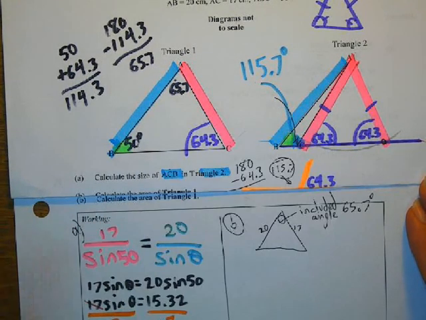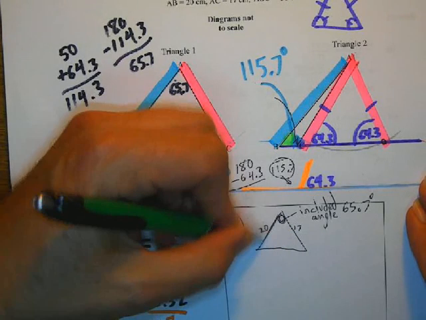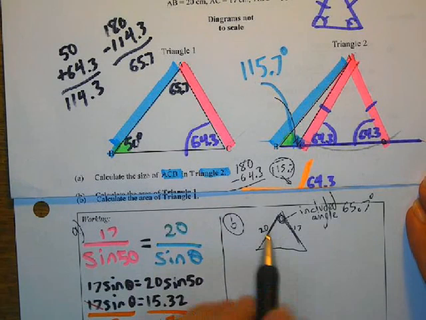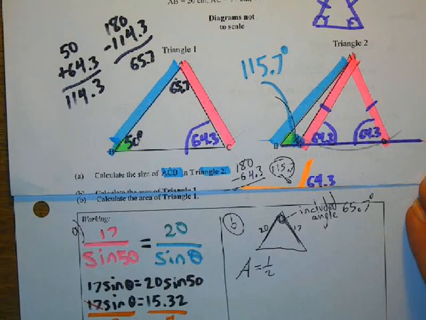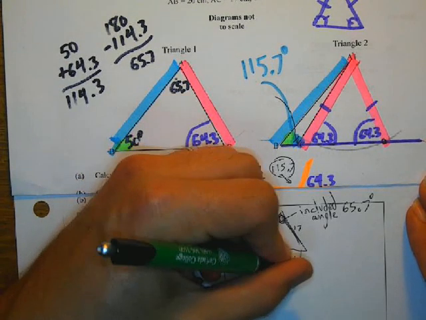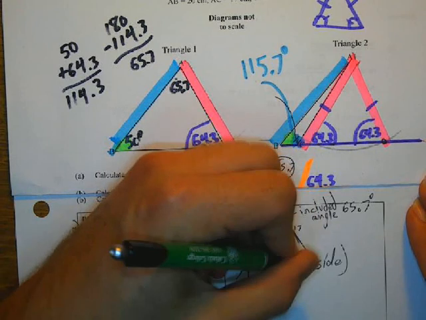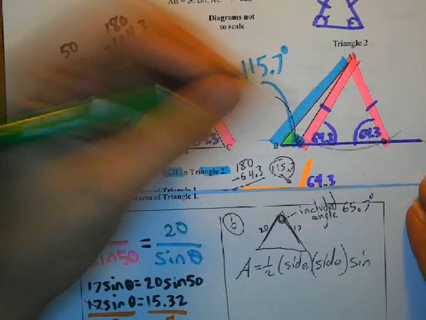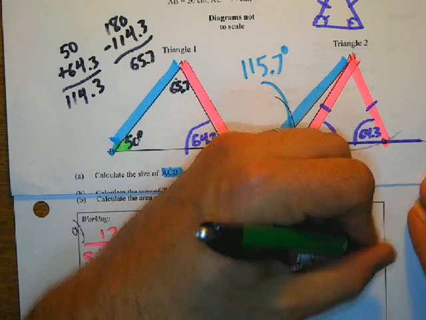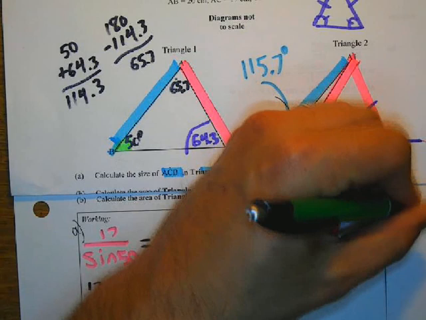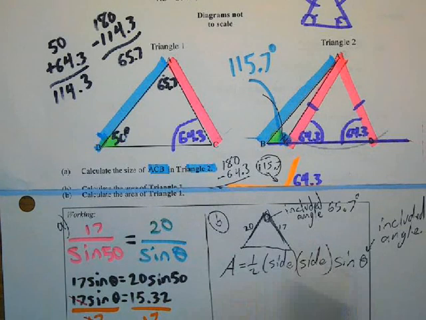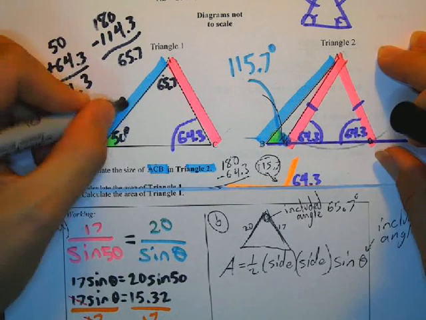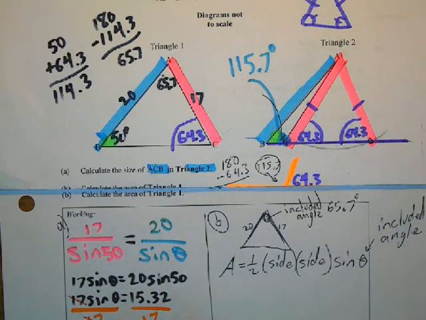The included angle by definition is the angle between the sides that we know the length of. So the area formula is 1/2 side side sine theta, and we just said this is the included angle. Many students just write any old angle, which makes no sense. You have to have the one in between the ones that we have the length of, the 20 and the 17.